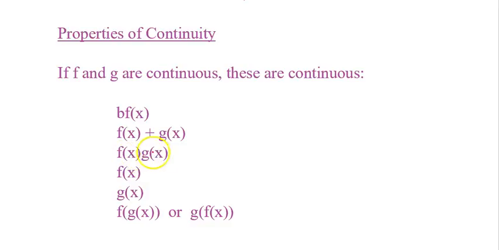Again, if you multiply two continuous functions, it will be continuous. This was supposed to be divide, so go in and make that f divided by g. If the two functions are divided, it's still continuous everywhere except if g is 0.